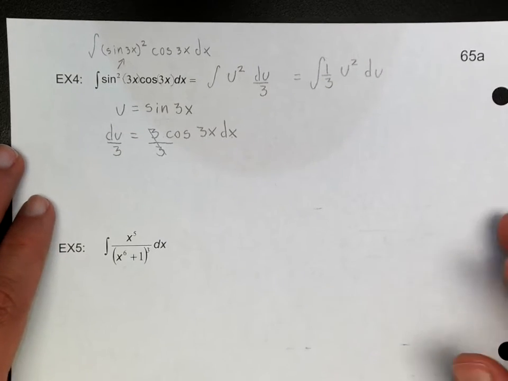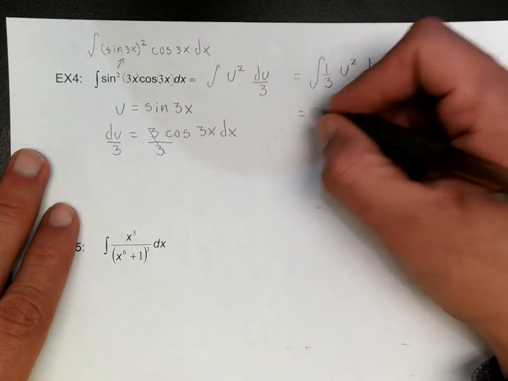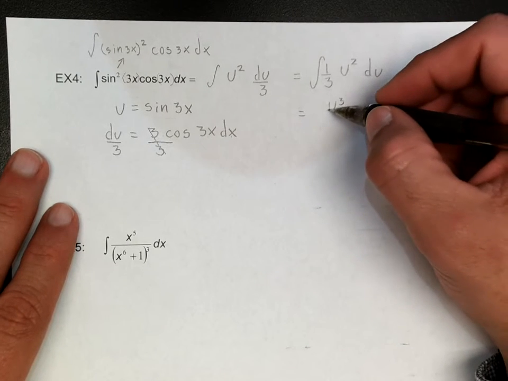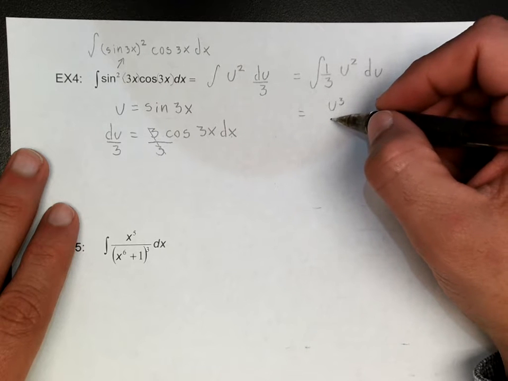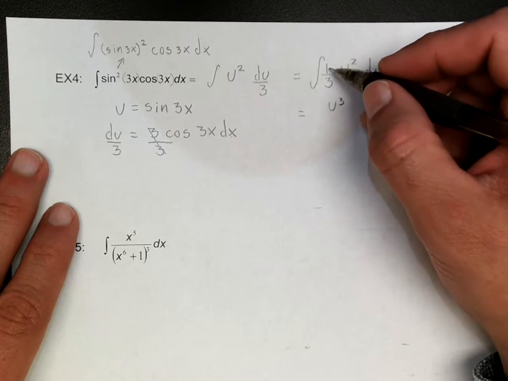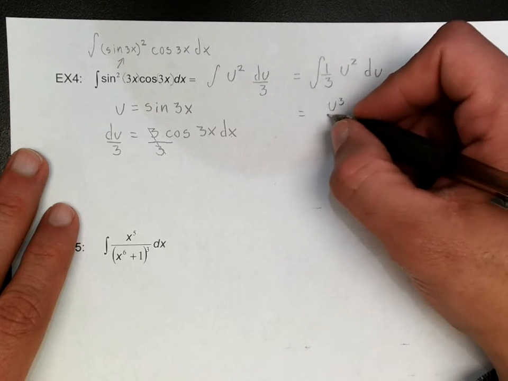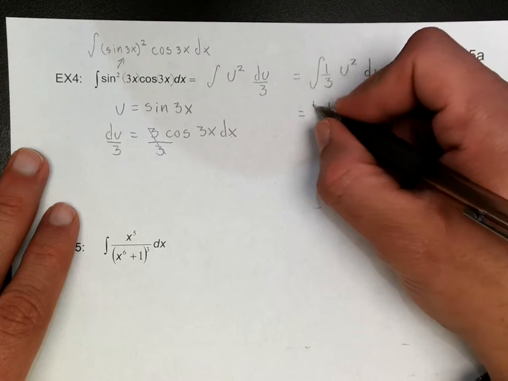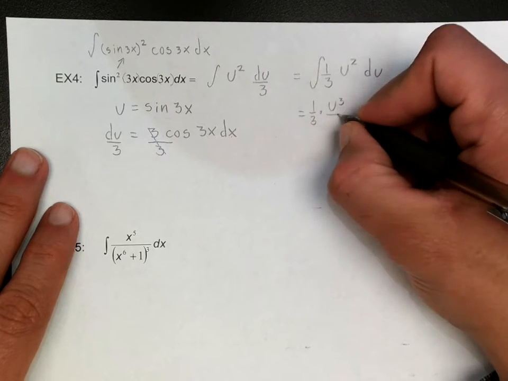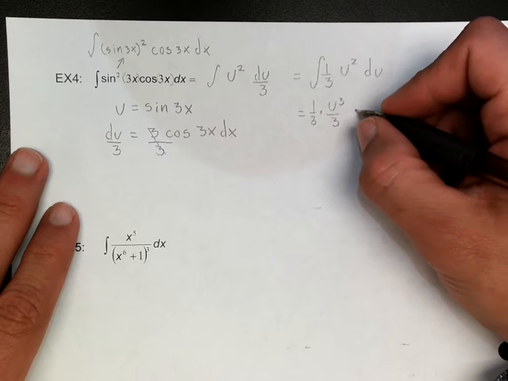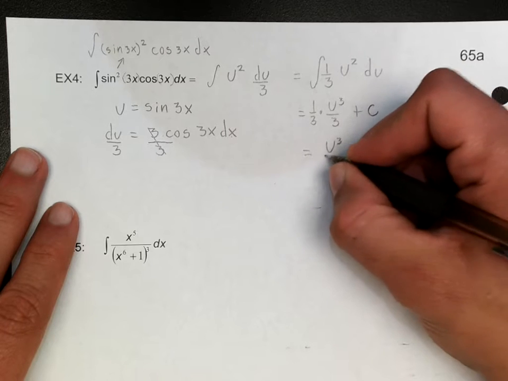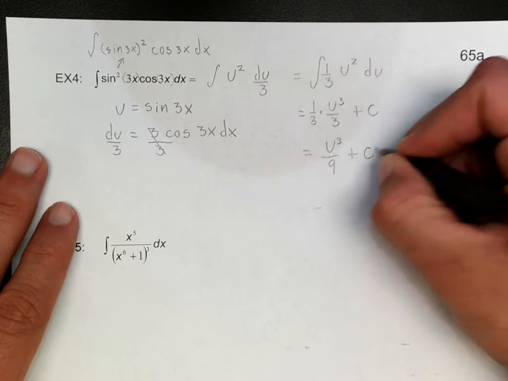Notice that this is going to be equal to u to the third divided by 3, but when I multiply that 3 on the bottom of this times this 1/3, that's going to be 1/9. So again, this would be 1/3 times u cubed over 3 plus c, which is equal to u to the third over 9 plus c.